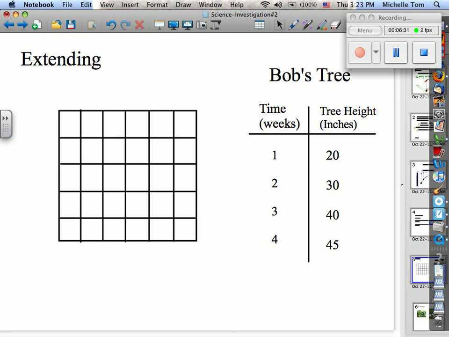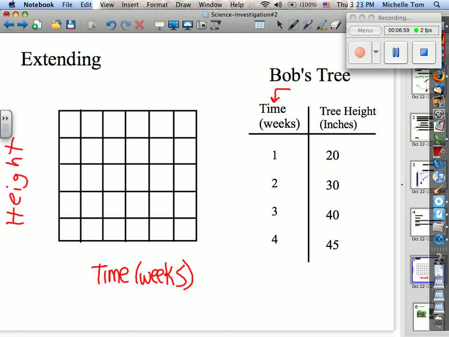So it ends up being that our independent variable, because he chose when to go check it, is time. So we're going to put that on our x-axis. In this case, it's in weeks. He could not control how tall that tree was going to be, okay? So that was our dependent variable, the height.